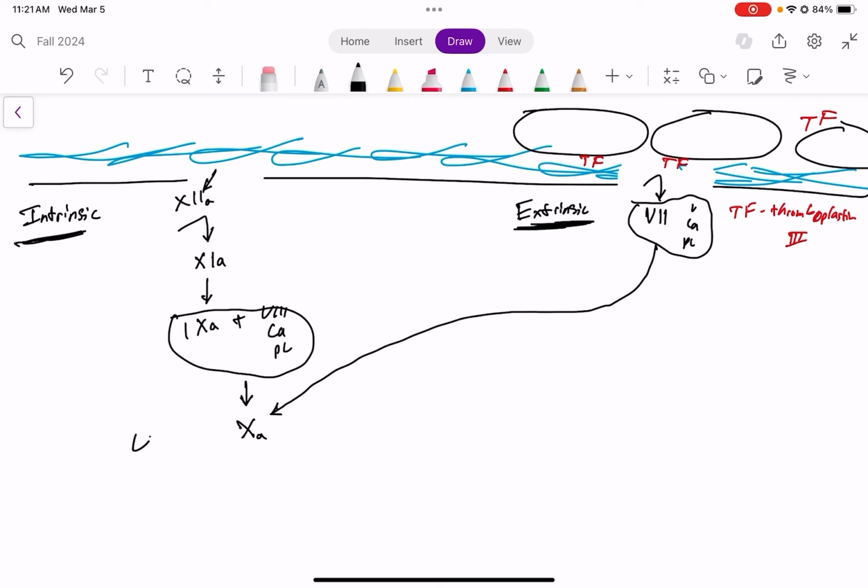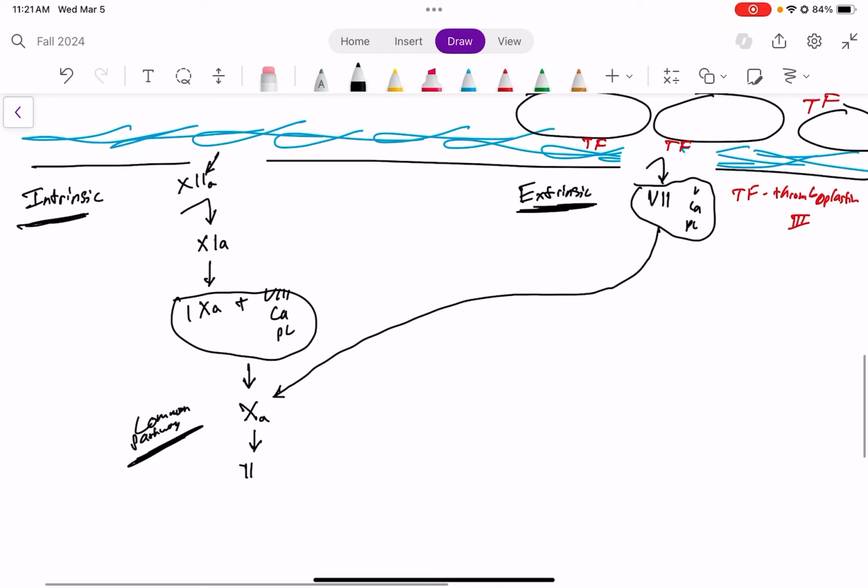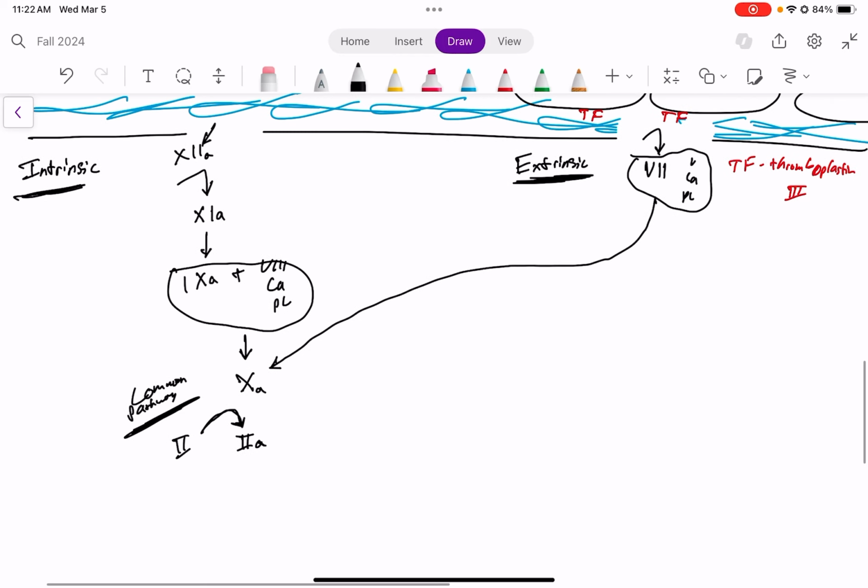Once we reach the 10, then we call it the common pathway because both pathways converge here and they do the same thing now. 10 will activate 2. And 2 is actually called prothrombin, and then when 2 is activated, it becomes thrombin. And what thrombin does is it cleaves fibrinogen, also known as factor 1, and turns it into fibrin.